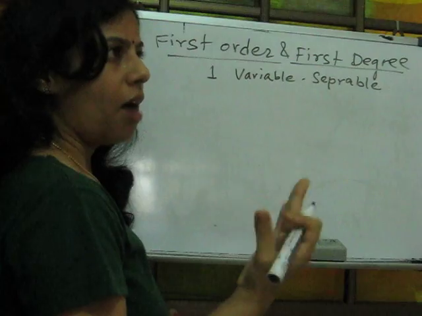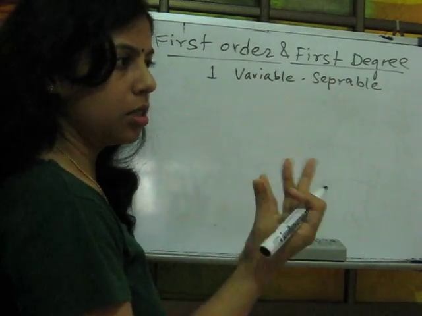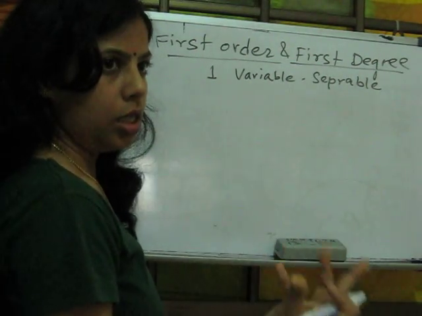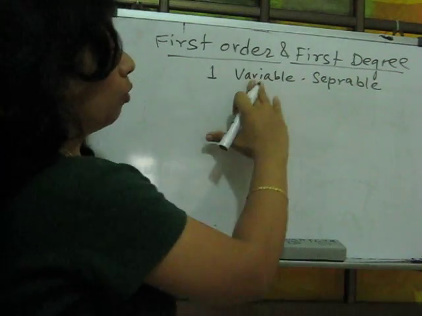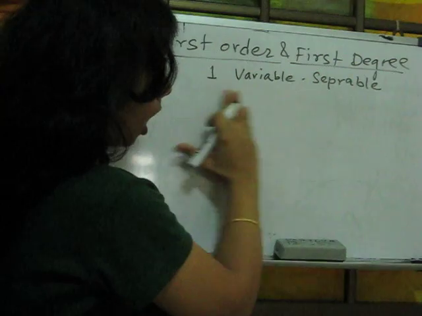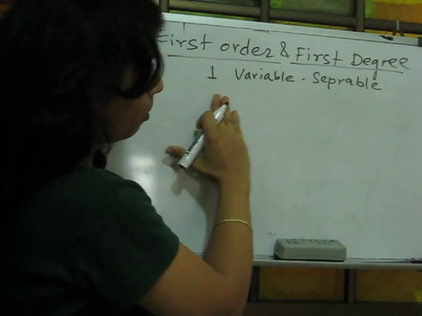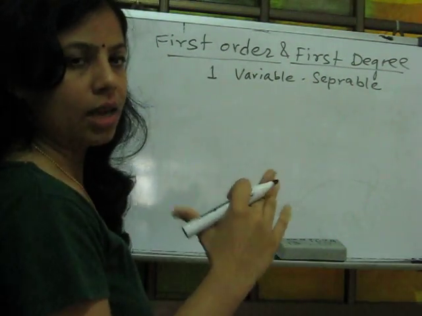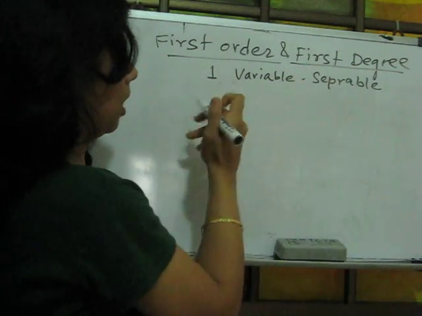Variables means y, x, and constants means constant terms like c, like 5 or any other thing. So for variable separable, we can separate the variables with their derivatives and we can integrate it, we can solve that.